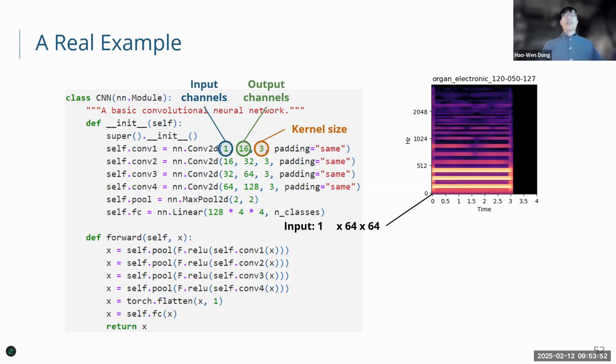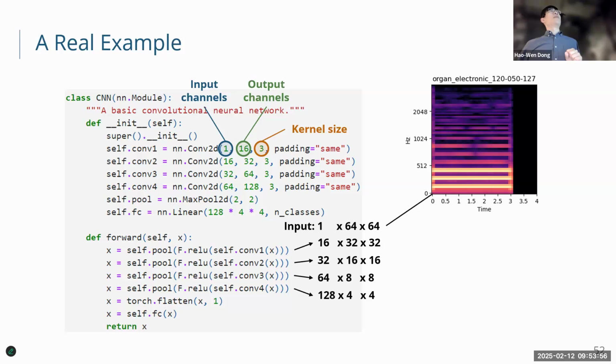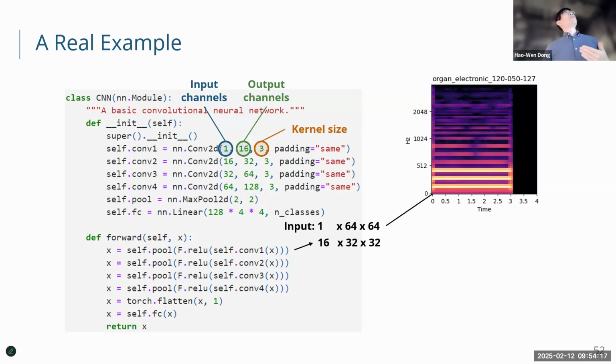It just learns something. And over time, it will become something like this. So 64 by 64 after the first convolutional layer, and then you apply ReLU, and then you apply the pooling layer. So effectively, it will become 16 channels of feature maps of shape 32 by 32.